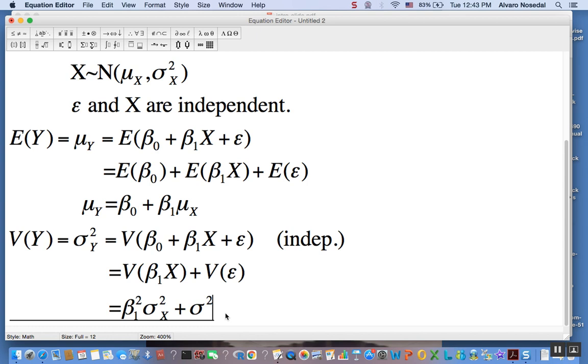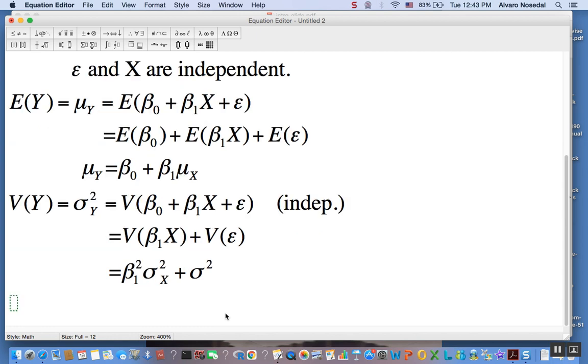Nice. So, as we said at the beginning, our goal would be finding the correlation coefficient between x and y. Let me remind you, and you know this from statistics 256, that the correlation between two random variables x and y is the covariance divided by the product of their standard deviations.